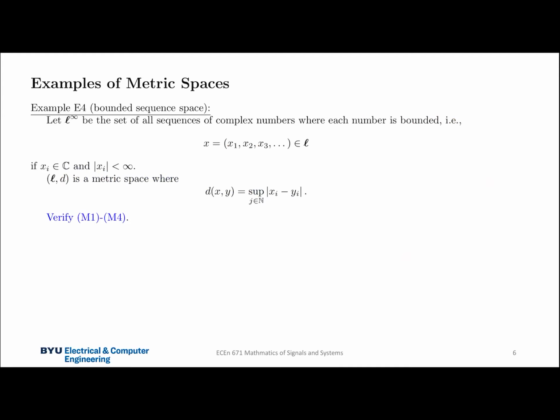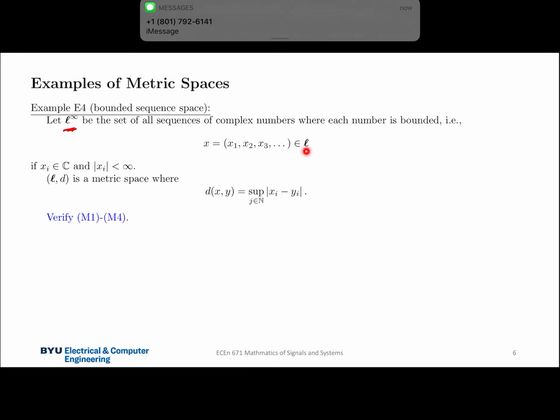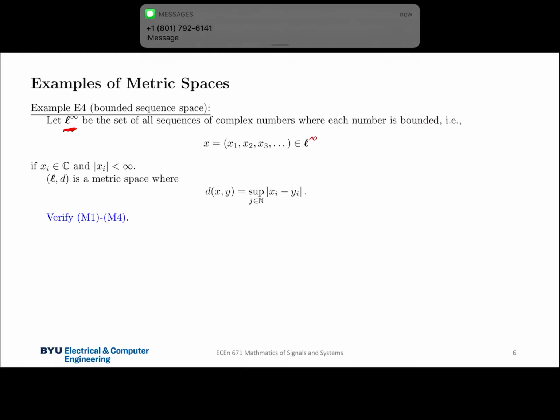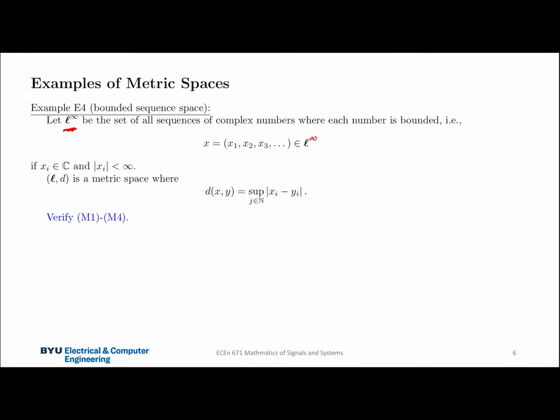Another example of a metric space is the set of bounded sequences. So let L infinity be the set of all sequences of complex numbers where each number is bounded. In other words, if x is in L infinity, then x is going to be equal to a sequence x1, x2, x3, x4, forever.